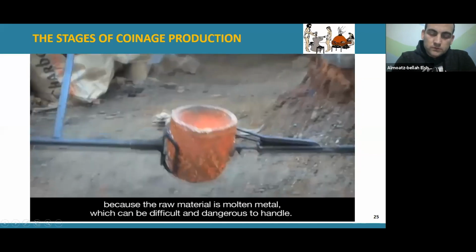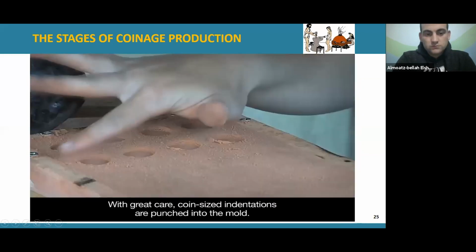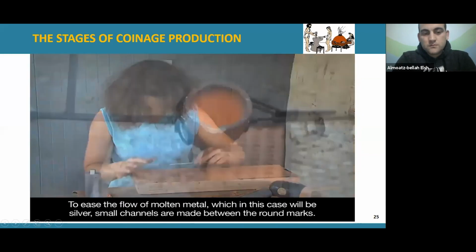In this experimental recreation, a mold is prepared to create a number of blanks. It is made from foundry sand, a mixture of clay and sand that can resist high temperatures. With great care, coin-size indentations are punched into the mold. To ease the flow of molten metal, which in this case will be silver, small channels are made between the round marks.